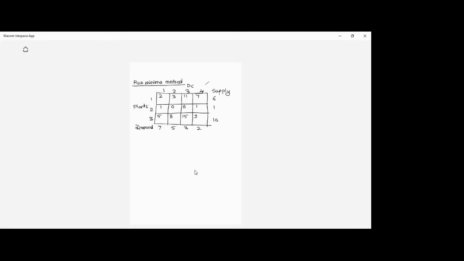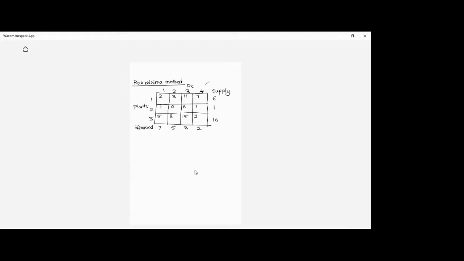cell, right? So now here the name itself is given as the row minima method. What we are going to do is go row wise, and the allocation that we are going to do will be in a particular row. If we consider the first row, we are going to do the allocation in a cell which is having the least unit cost, right?